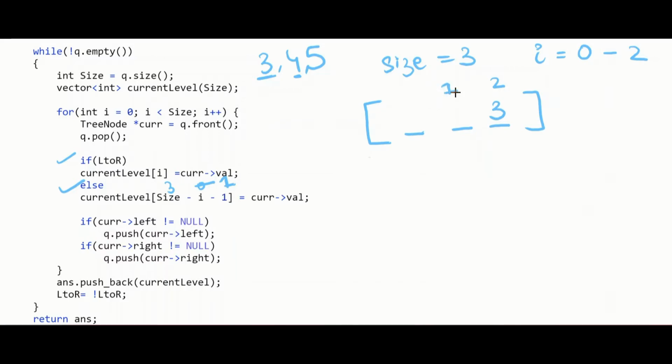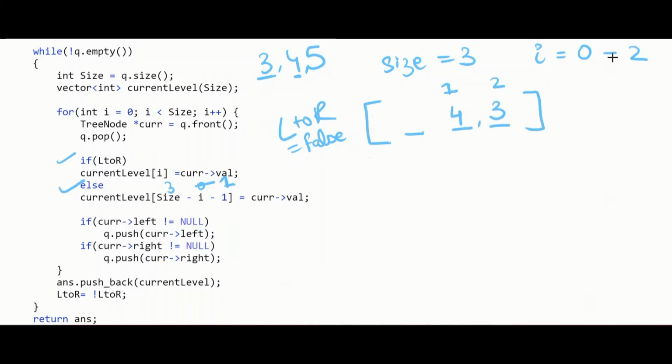We will go to the first index and add our current value, that is 4. Now you see that the current value is added to the left of the previous value. So this is the case when left to right is false.